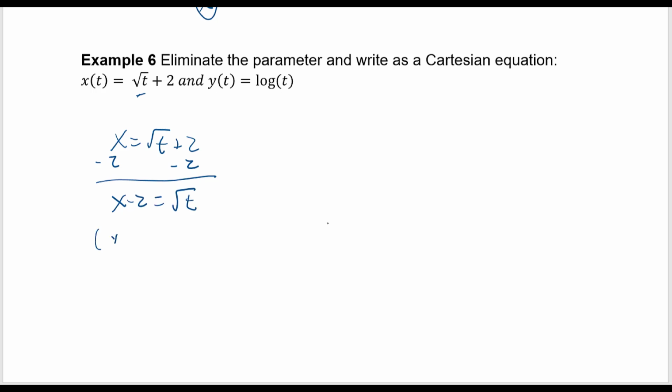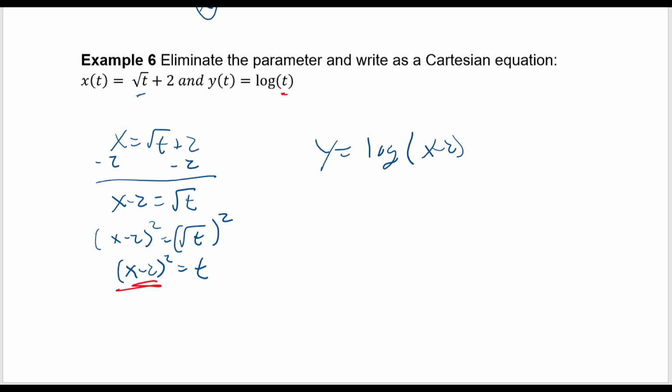Then if I square both sides, I'd have x minus 2 squared equals t, so that this amount can go in place of the t there. And that's going to give us y equals log of x minus 2 squared. That's it.